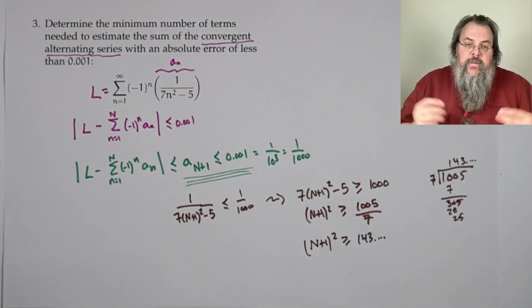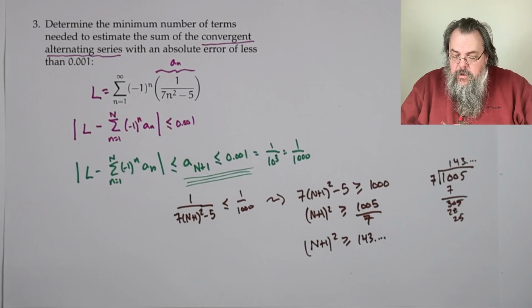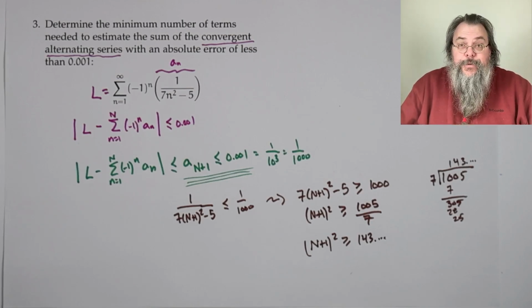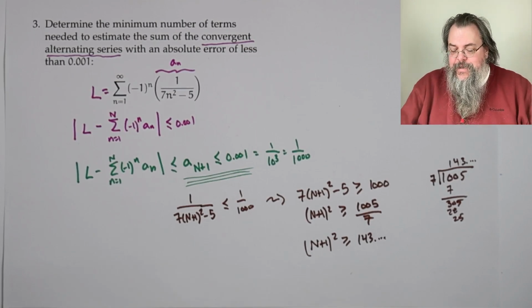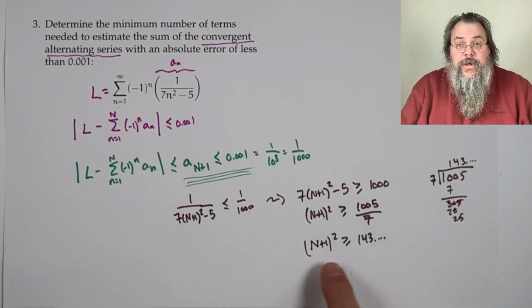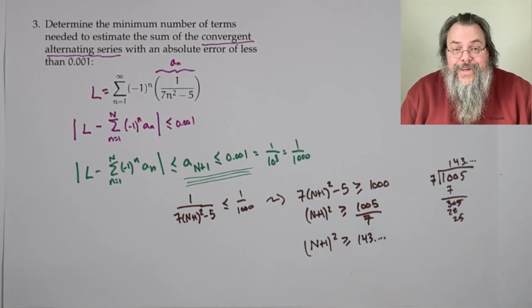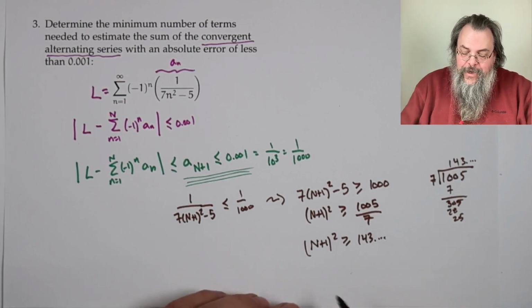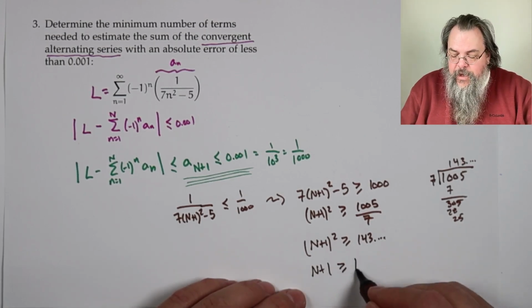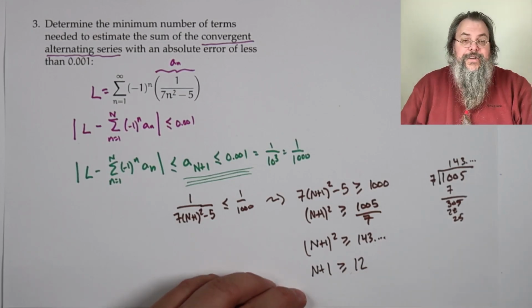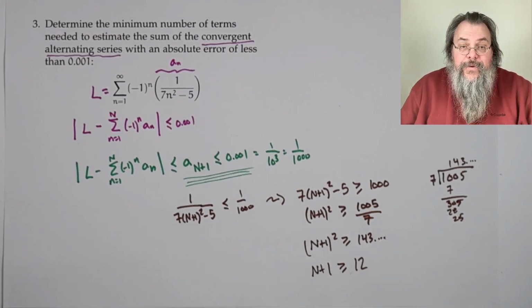Okay. All right. Well, 143, that's a pretty good number, right? For a square root, because that's really close to 144. So we say, oh, okay. Really, as long as n plus 1 is greater than or equal to 12, life is good. All right, so what do we do now?